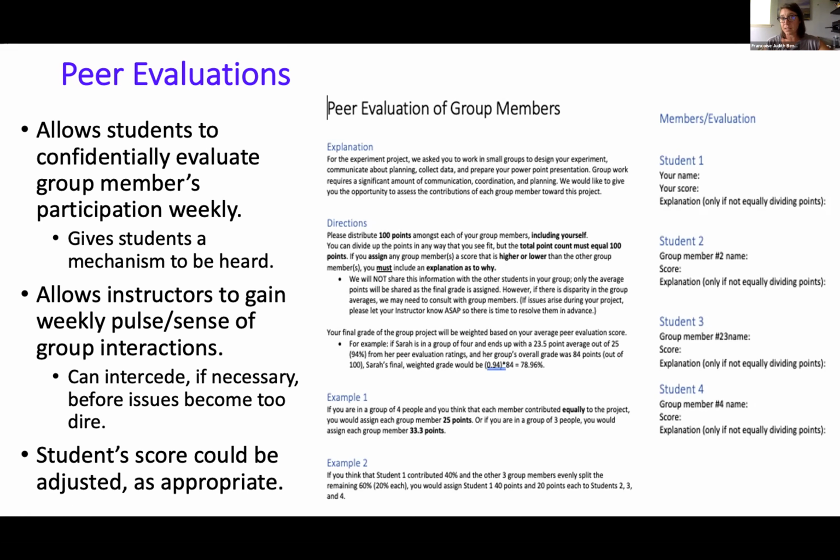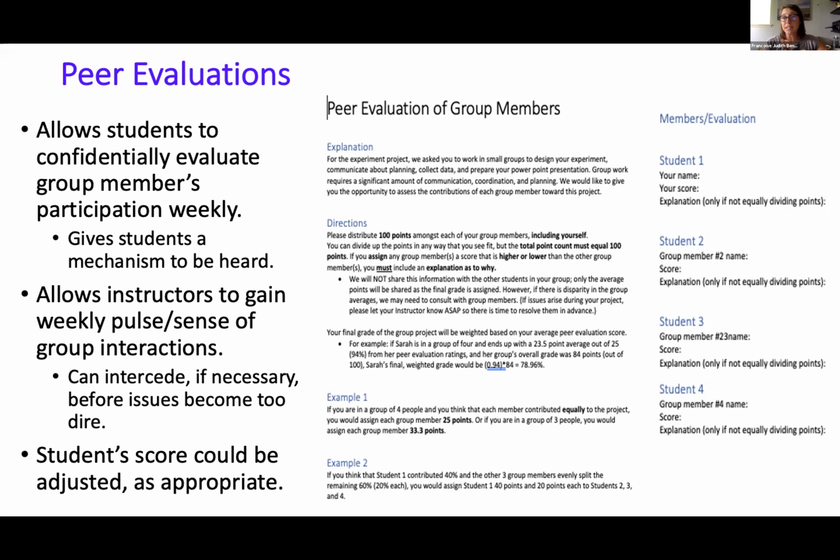If for some reason somebody felt that their lab mate was participating less, then they would drop that score below 25% and adjust everybody else's scores appropriately. If 2 students or more in the group shared that one student participated less, it was an opportunity for the instructors to take a look at why.